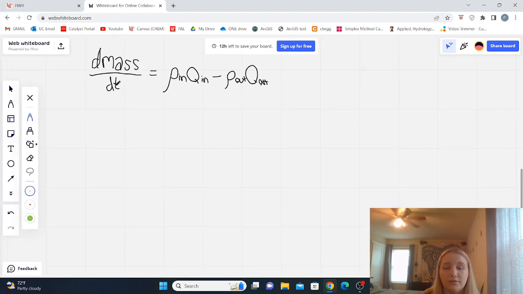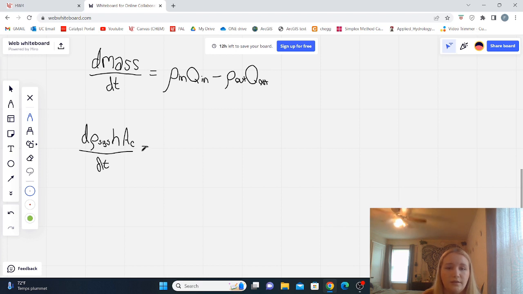Now, the mass of our system can be rewritten as the density multiplied by the height of our liquid multiplied by the cross-sectional area. So if we rewrite that, instead of having mass, we'll have D times rho, the density of our system, multiplied by the height multiplied by our cross-sectional area, which is AC, all over dt.